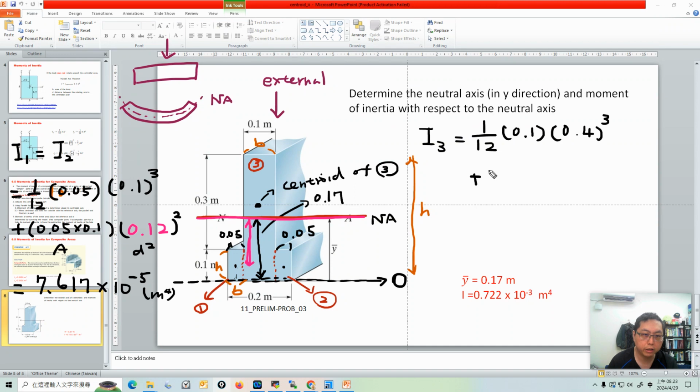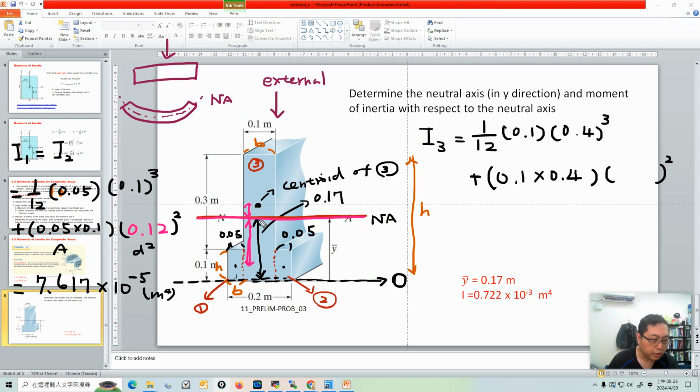You plus A D squared. A is 0.1 times 0.4. And what is your D? Right now your D is the distance between your neutral axis and the centroid. Here is your D. So what's the distance here?